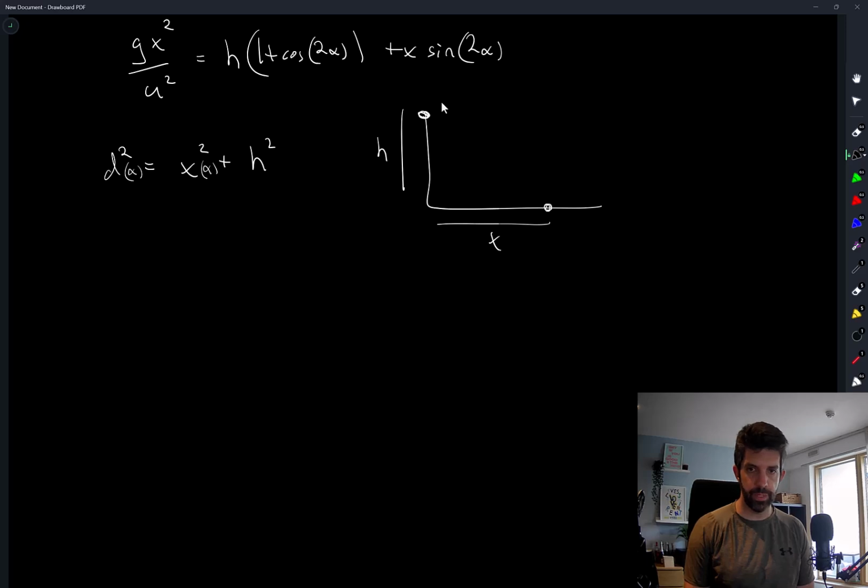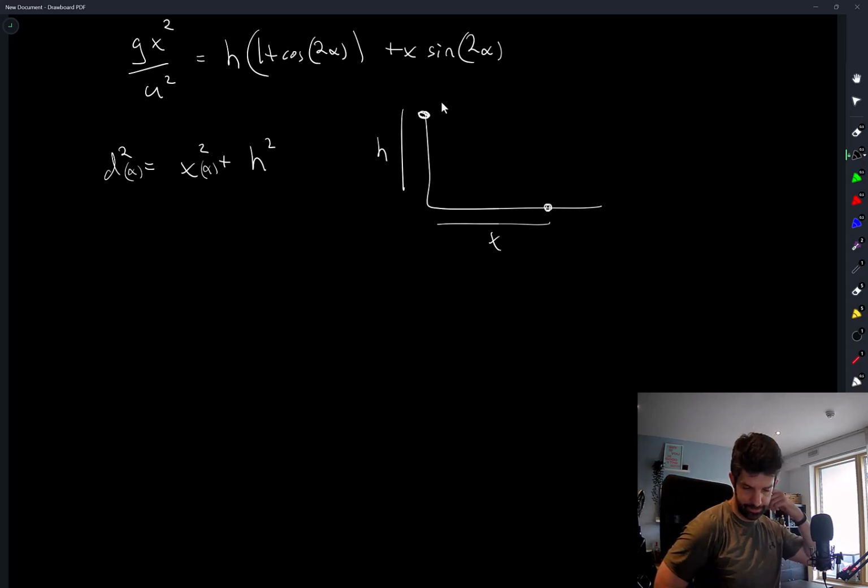What's the easiest way to do this? I mean, I can take a derivative of this and set it equal to 0, and then try and solve for d. Is that the easiest thing?